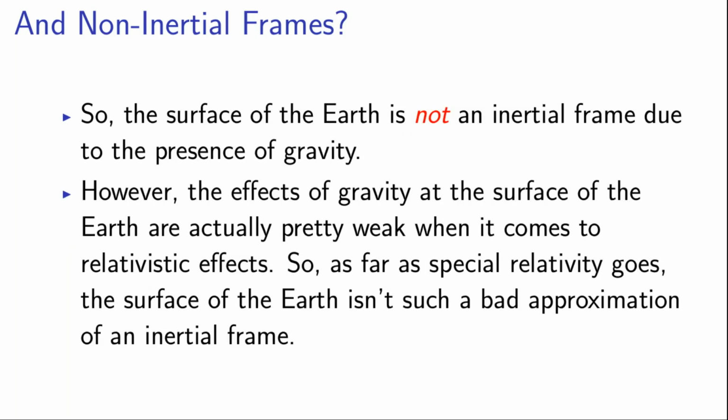So the surface of the Earth is not an inertial frame due to the presence of gravity. However, the effects of gravity at the surface of the Earth are actually pretty weak when it comes to relativistic effects. So as far as special relativity goes, the surface of the Earth isn't such a bad approximation of an inertial frame.